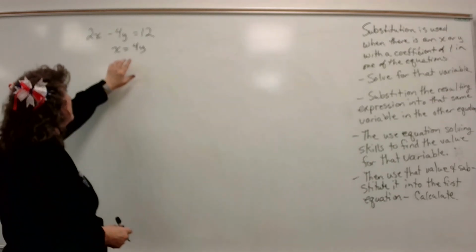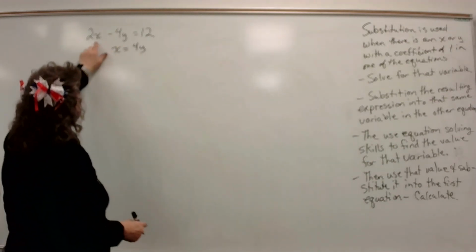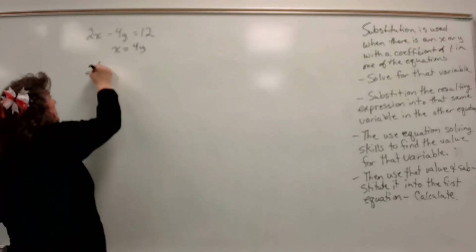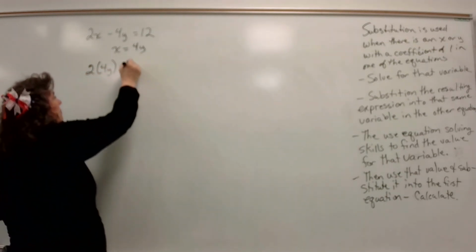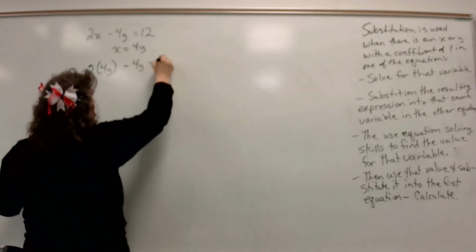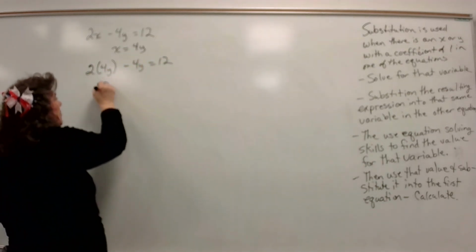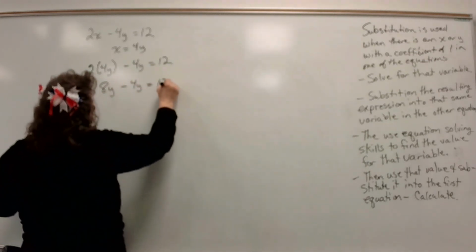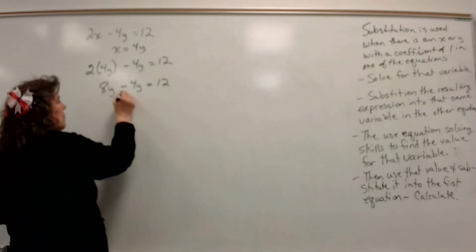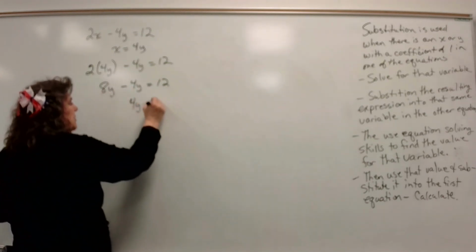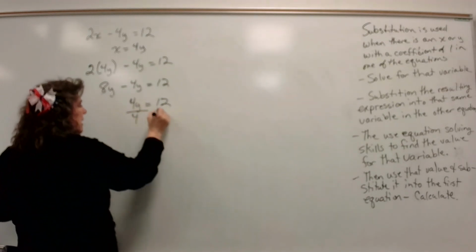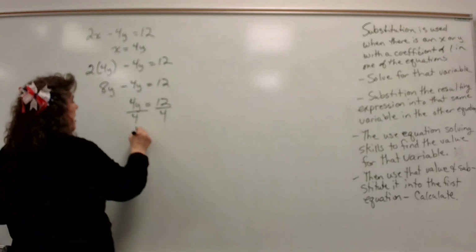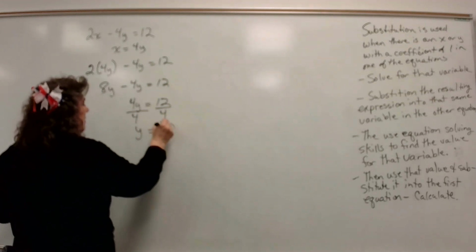So that means I can take this 4y, substitute it in for the x in this equation, and end up with 2 times 4y minus 4y is equal to 12. 2 times 4y is 8y minus 4y is 4y equal to 12. Again, divide by 4. See, this is just equation solving skills. And now you have y is equal to 3.